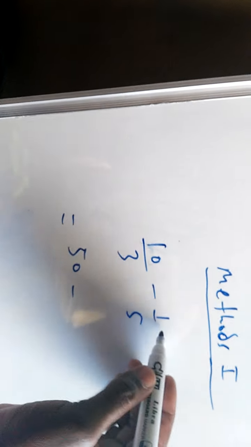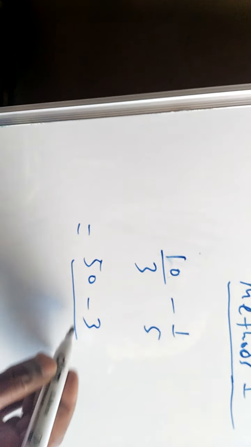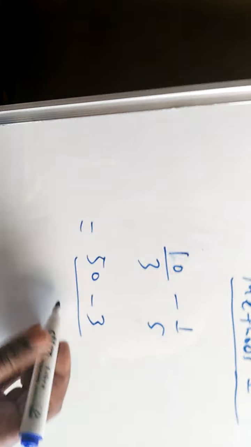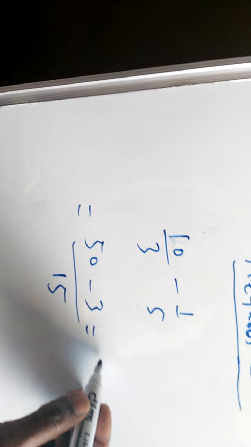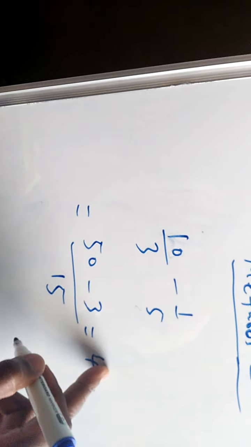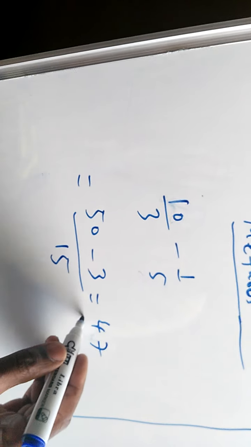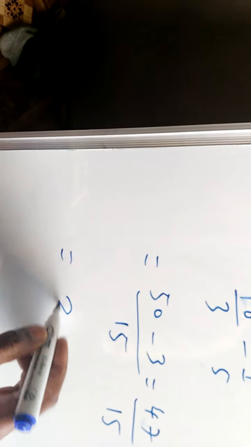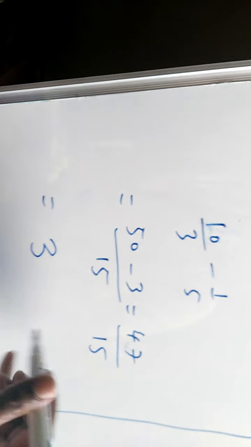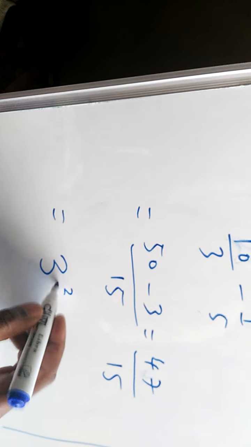You have your 50. 3 times 1, 3 should come once. 3 times 5, you have your 15. 47 over 15, which will be 3 to get to 45. 47, there will be a remainder of that.